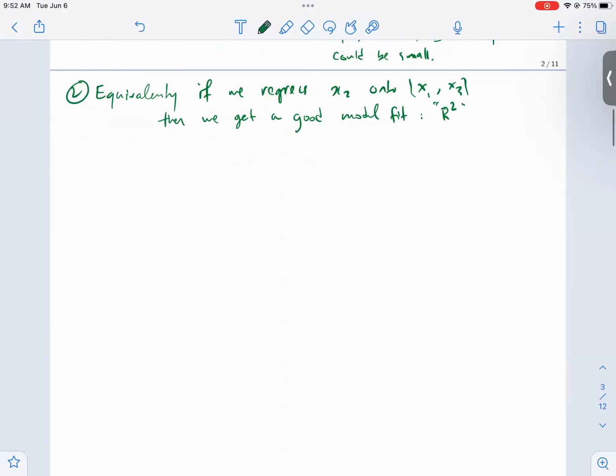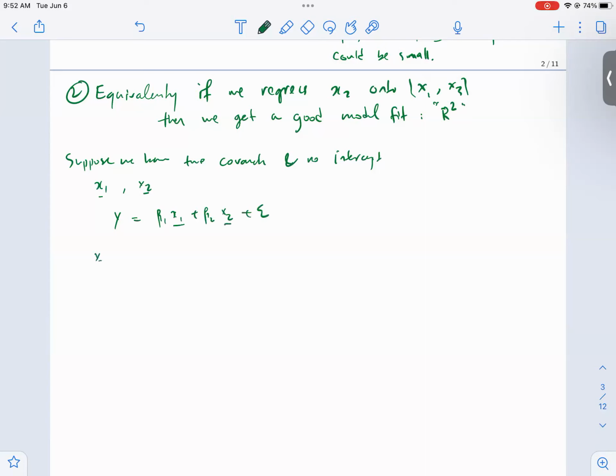Suppose I have just two variables, x1 and x2. Suppose we have two covariates, no intercept. So I have y equals beta 1 x1 plus beta 2 x2 plus epsilon, let's say, okay?